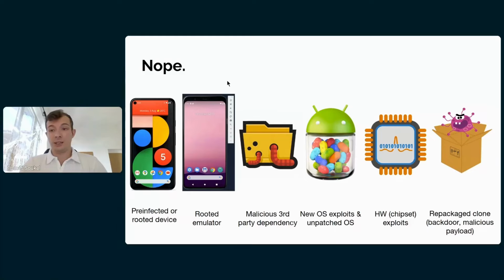And finally, the sixth thing that may breach the sandboxing concept is repackaging. That means someone takes your application, creates a fake clone, and injects some malicious backdoor, and I will show it later.